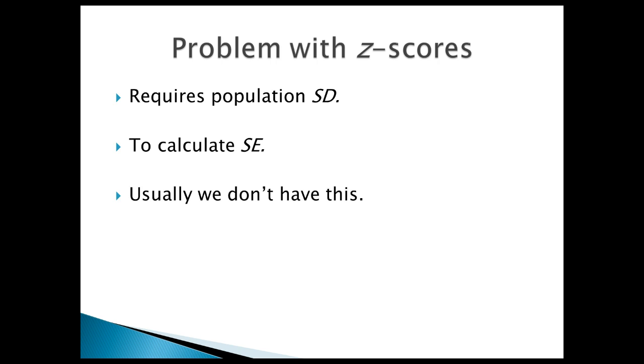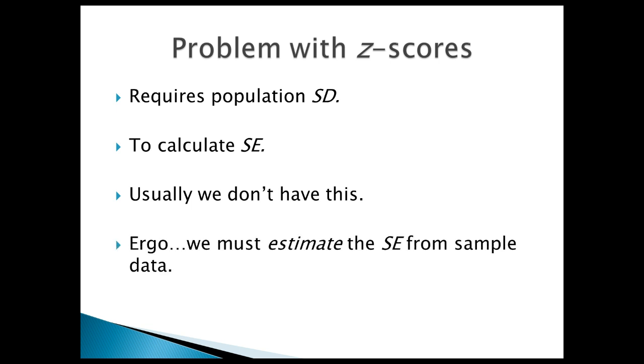And the fact is, as I just said, we usually don't have this. There are many situations where we can't approximate it very well because we don't actually know the population standard deviation. So, ergo, we must estimate the standard error from sample data. So we end up using the standard error from sample data, but that's not a reflection of the population necessarily.